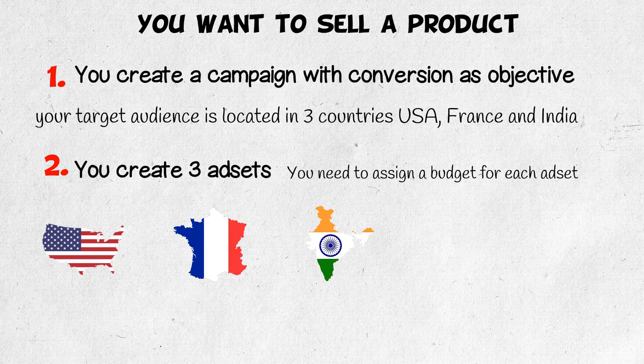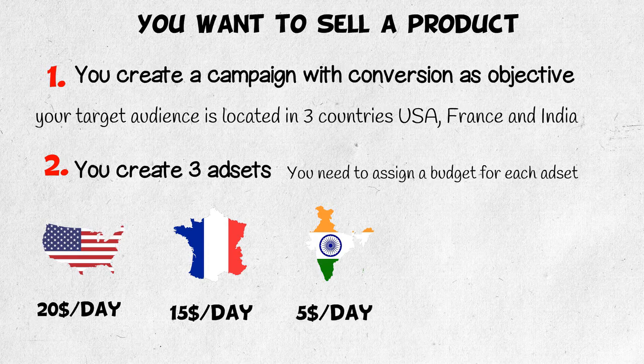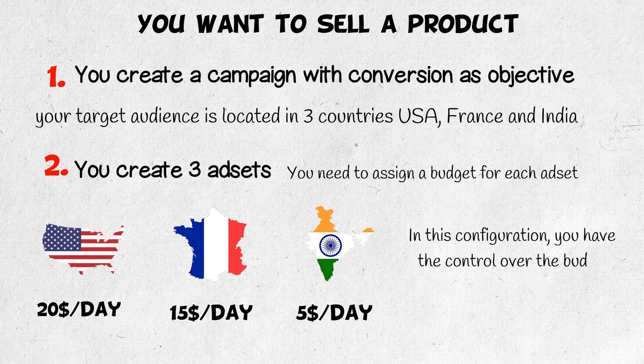And you need to assign a budget for each ad set. Let's assign $20 per day for the first one, $15 per day for the second one, and $5 per day for the third one. In this configuration, you have the control on the budget spent for each ad set.